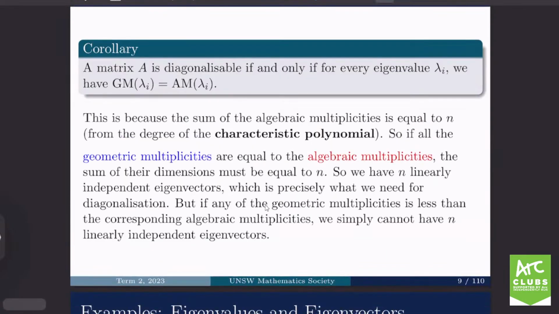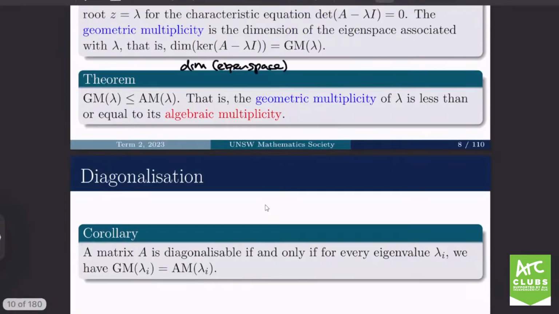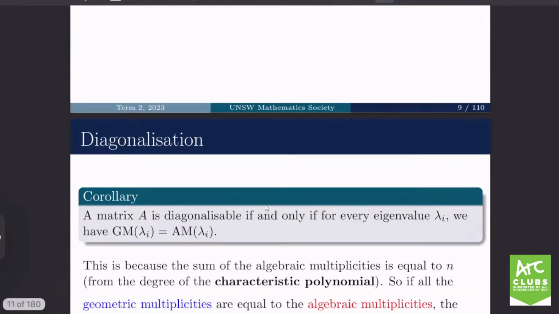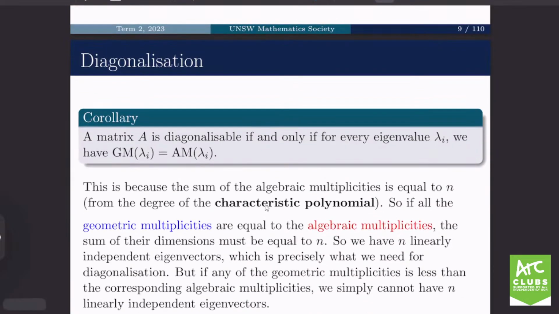The reason why is that if you look at our characteristic polynomial, the sum of the algebraic multiplicities will equal n. If you add all the algebraic multiplicities up, you'll get n, because it's a degree n polynomial.